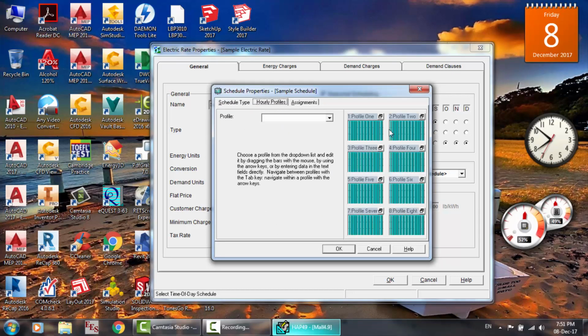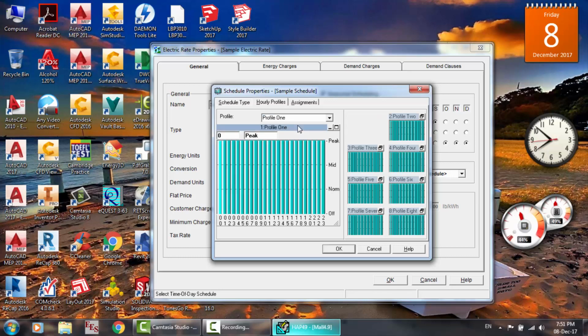Here are the hourly profiles. As we discussed, we have many profiles, or three profiles: one for the normal day, another for the holidays, and for the light work days.